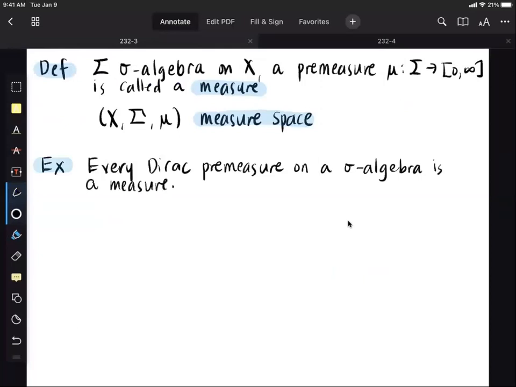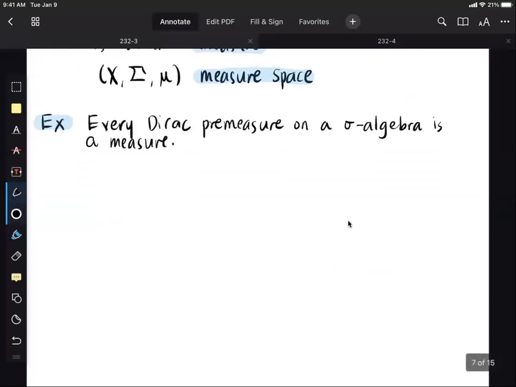Well, this follows from the fact that we have seen that the Dirac is indeed a premeasure, and if you have a domain for the premeasure which is a sigma algebra, then by definition it is automatically a measure. So that's a quick example.